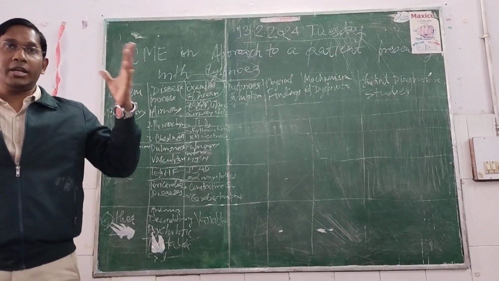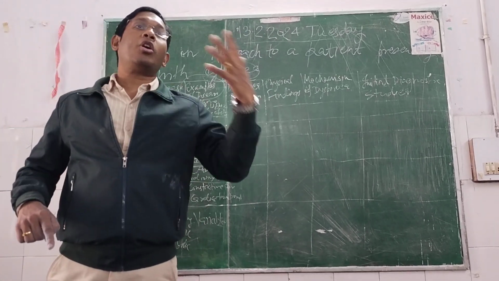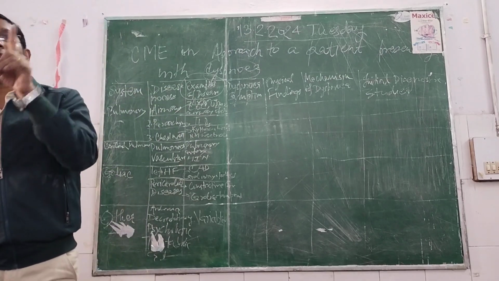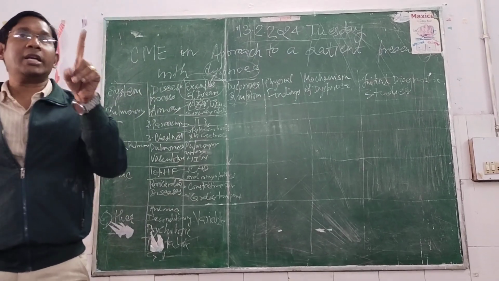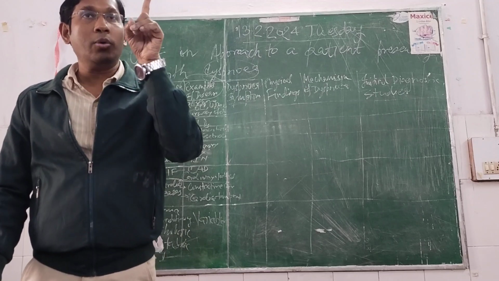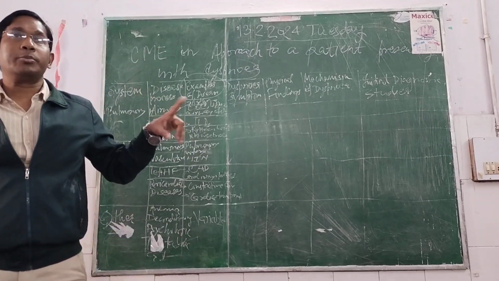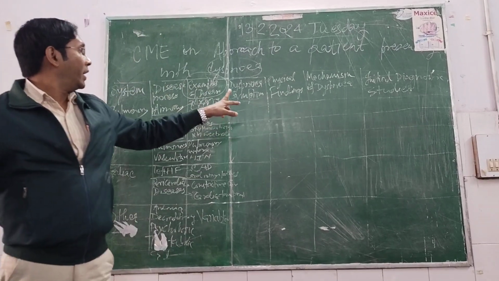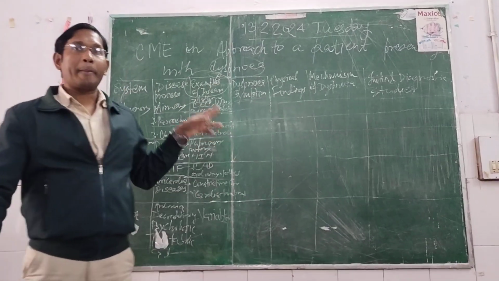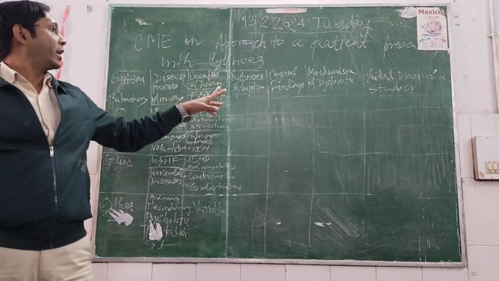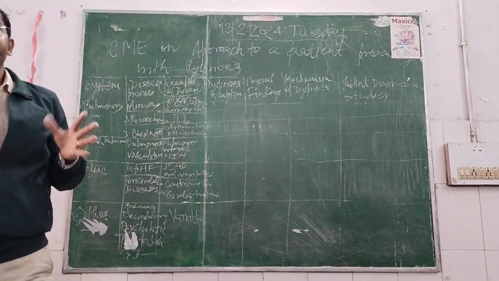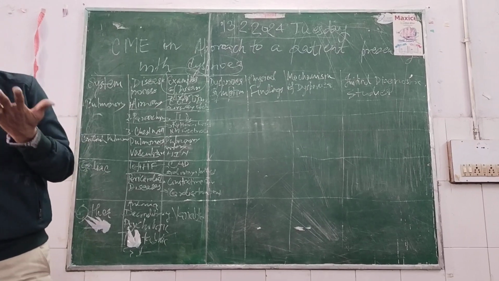And that increased rate of respiration can cause breathing discomfort. You should keep one word: breathing discomfort is dyspnea. Dyspnea is a subjective breathing discomfort, and this breathing discomfort can be due to increased rate of respiration. So tachypnea can cause dyspnea. Tachypnea is a symptom which creates dyspnea.